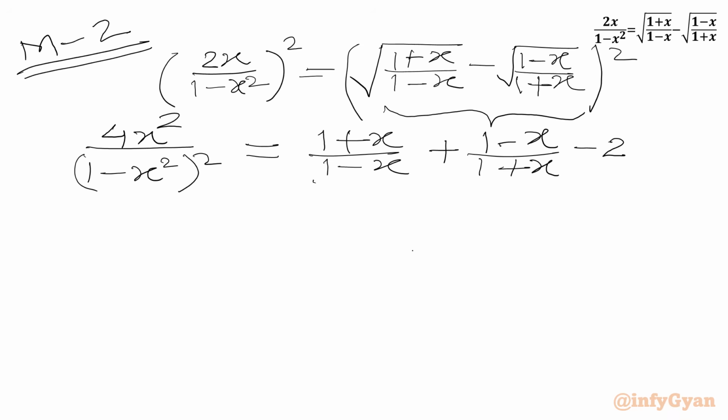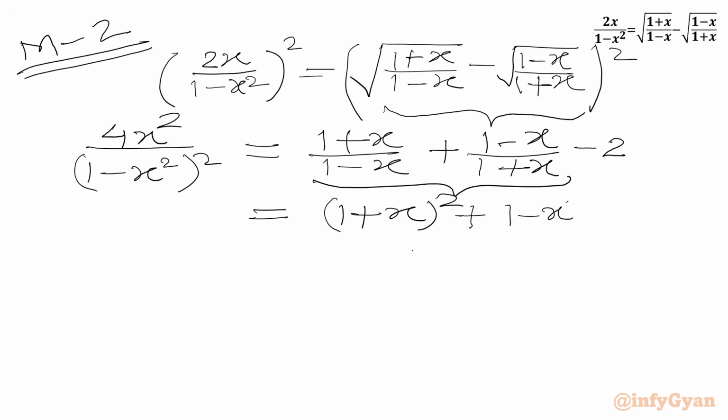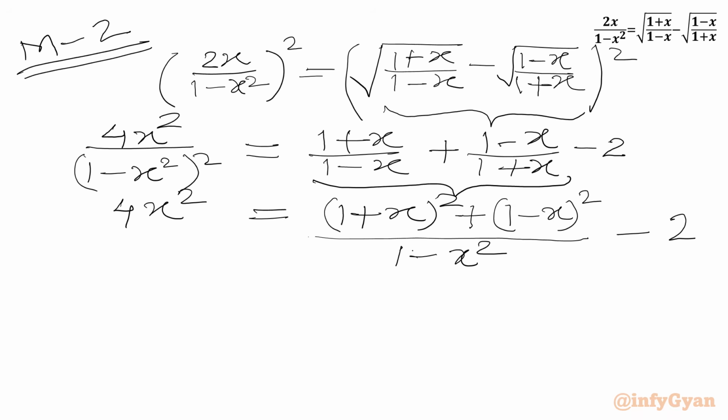Now I will simplify these two terms. So we can write, after taking LCM, 1 plus x whole square plus 1 minus x whole square over 1 minus x times 1 plus x, which we can write 1 minus x square. Then we'll write minus 2 over here. LHS is 4x square over 1 minus x square whole square. Now we will simplify 1 plus x whole square plus 1 minus x whole square.